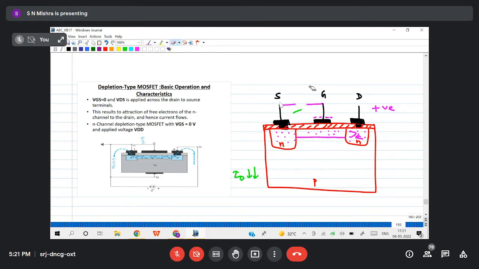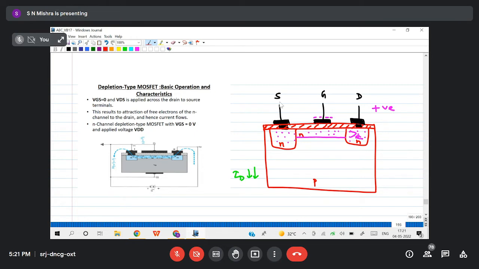Now see, what is the minimum voltage of negative? 0, or not? Minimum value of negative means less negative. What is the minimum value? 0, right? Then we'll increase that, more negative, more negative.